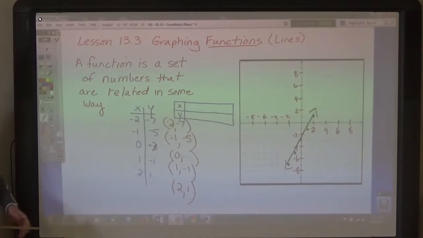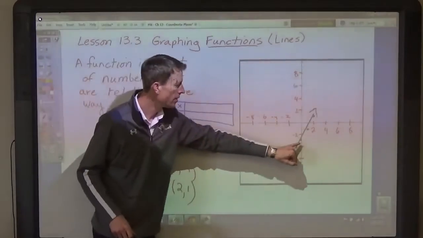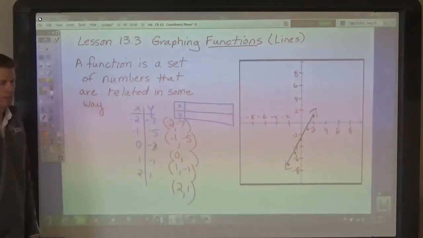So that's the missing value, isn't it? Wherever the line crosses at 0, that's the missing value. Do you see what we're doing?